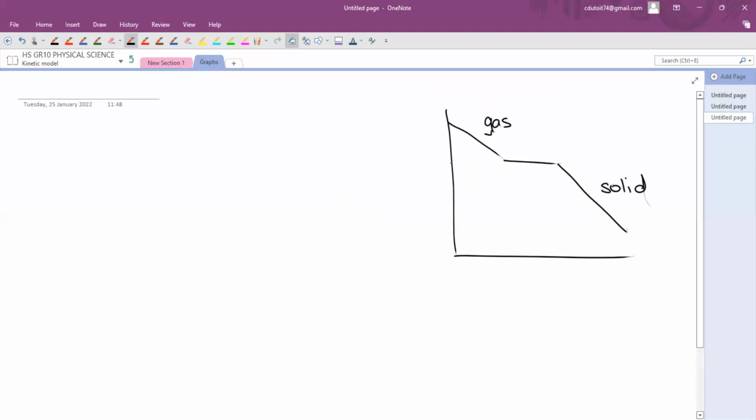So I'm going to just do values here. Let's say 70 degrees Celsius. And I'm going to do, yeah, just that. Okay, first thing, is this a heating or cooling curve? Cooling. Awesome. It's cooling. Temperature is going down.